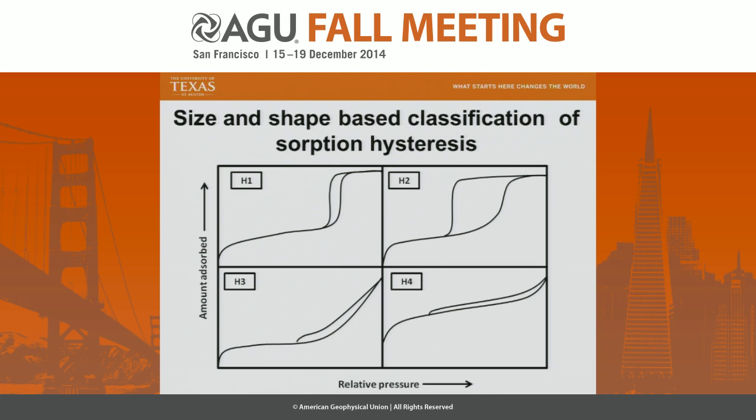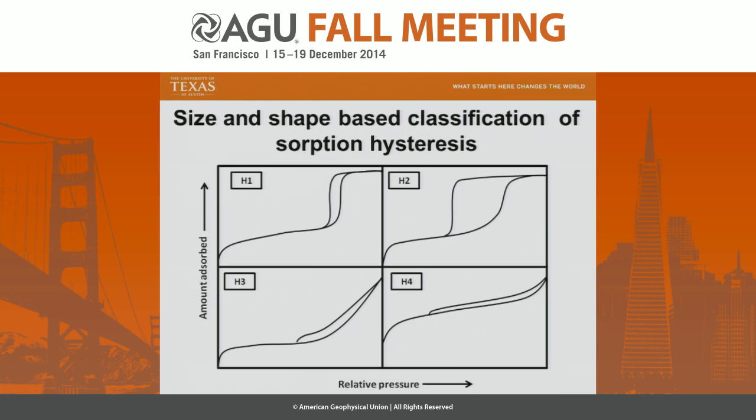If you look at natural sorption hysteresis in the literature, there are four main classifications. Applied chemists have been working on these since the 1910s or 20s, and you have four main classifications of hysteresis. They're based on size and shape. So number one and number two are unimodal pore size distributions.